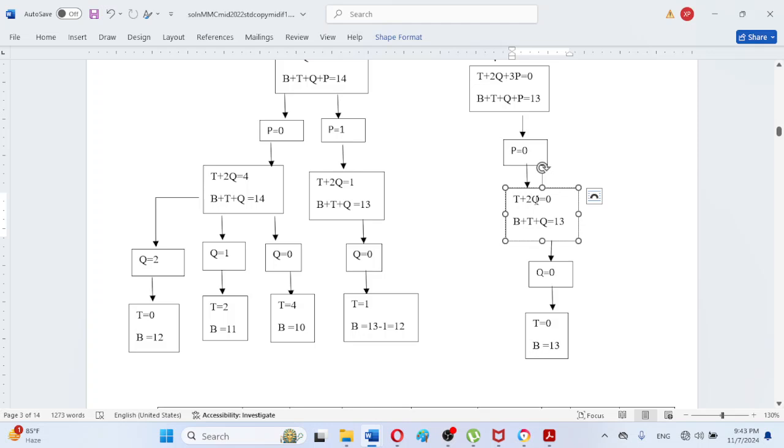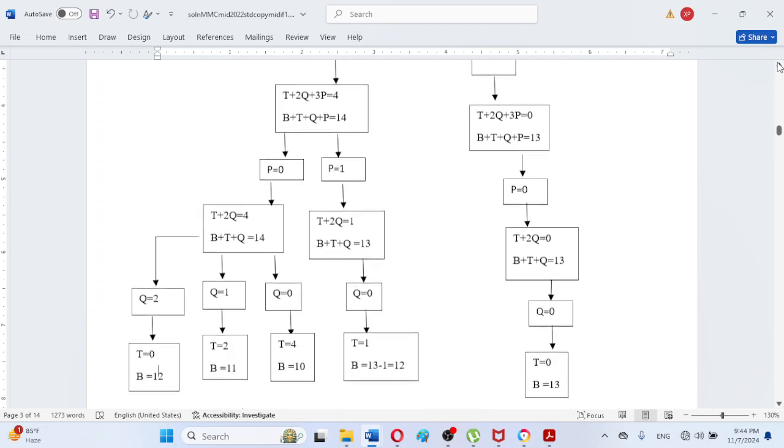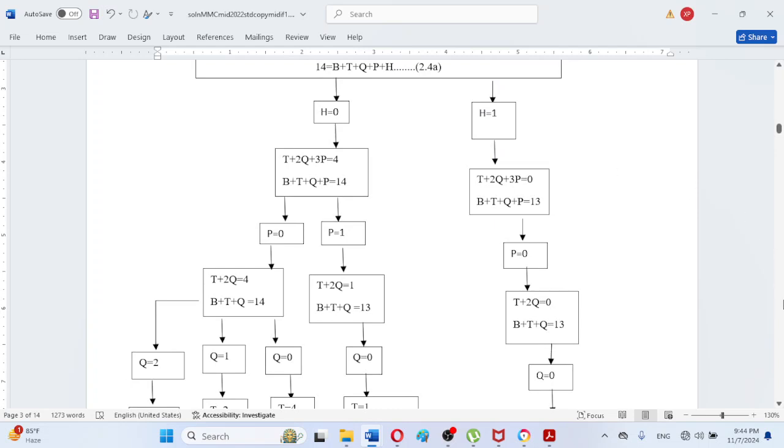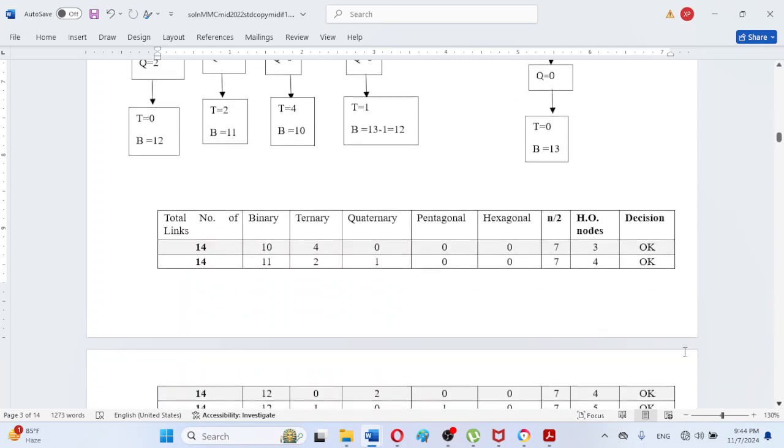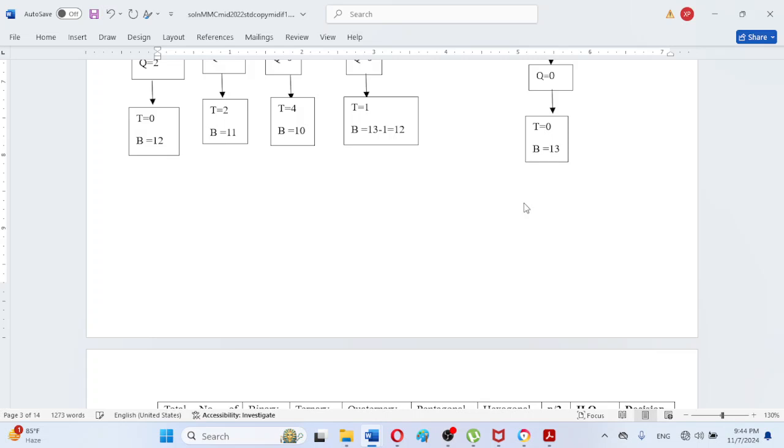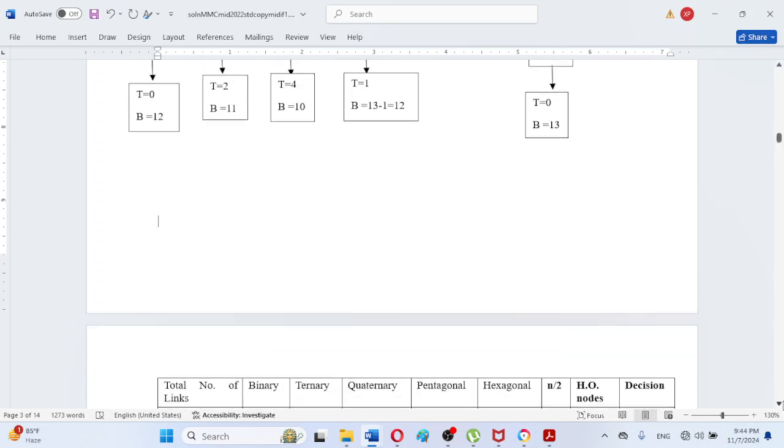So if q is equal to 0, t will also be equal to 0, and the lower equation will simply give b is equal to 13, and this last set will be 13 binary links and one hexagonal link, as assumed at the start. So in this way all five link sets have been obtained, and those link sets are mentioned here in tabular form.